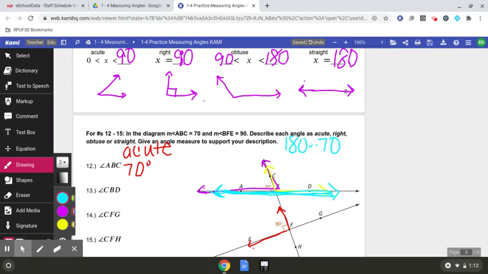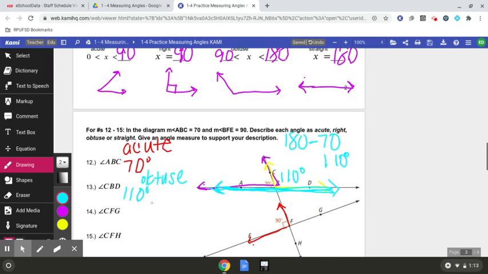So 180 minus the 70 would be 110. So this angle here would be 110. If I label this 110, an angle that has a degree of 110 is between 90 and 180. So we call that obtuse.